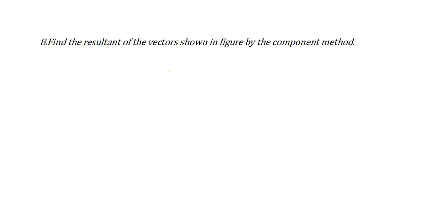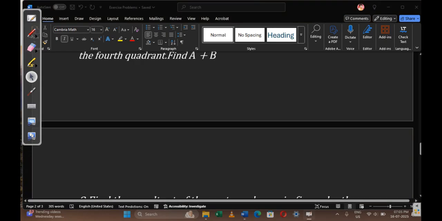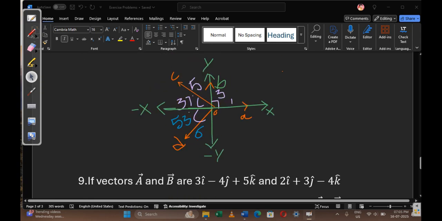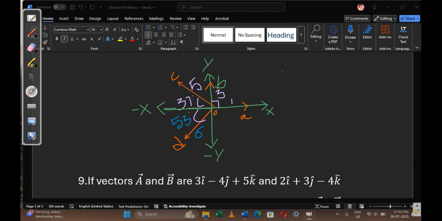So it is given here. In x-axis, the vector is a and its length is 1. In y-axis, the component is 3.